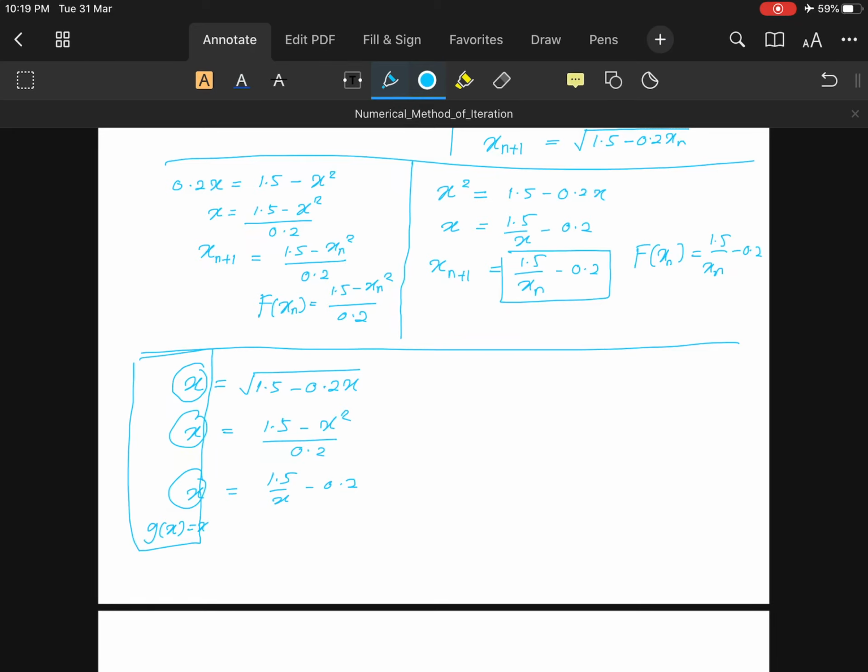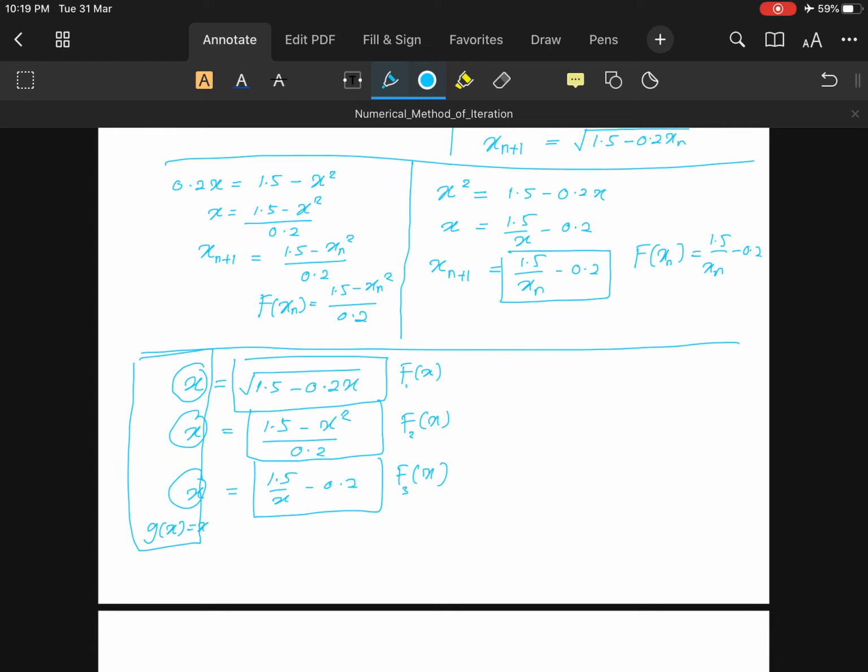All right, so this one I'm going to label as f(x), this is also another f(x), and this is also another f(x). If you want, you can say 1, 2, and 3.